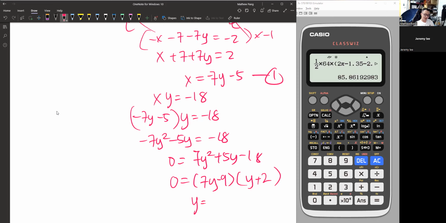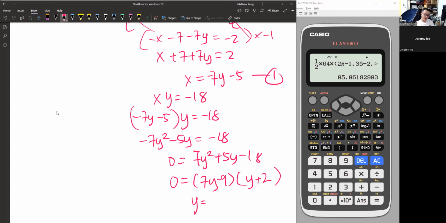x will be negative 7 times, if this is 9 over 7, sub into here, 9 over 7 minus 5. So this one should be negative 9 minus 14. Then if I sub another value, negative 2, minus 5, the x value is basically 9, right?